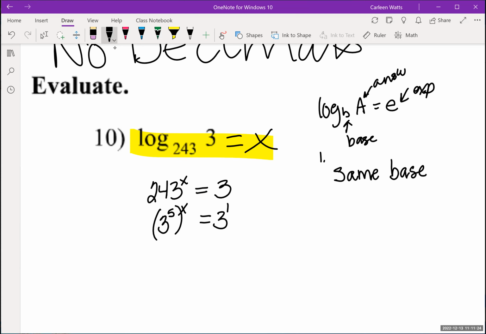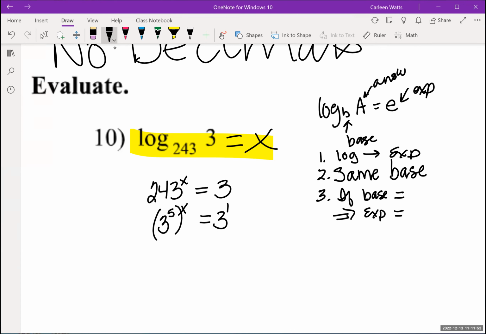So step 1 was from log form to exponential form. Step 2, same base. Step 3, if the bases are the same, then the exponents are the same. If you accidentally type in powers and you miss it on a Canvas quiz, you could tell me and I'll go give you your points.